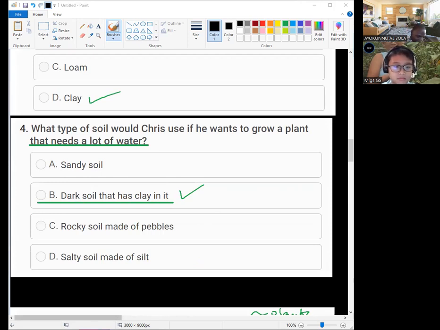What's the answer to that question? Dark soil that has clay in it.